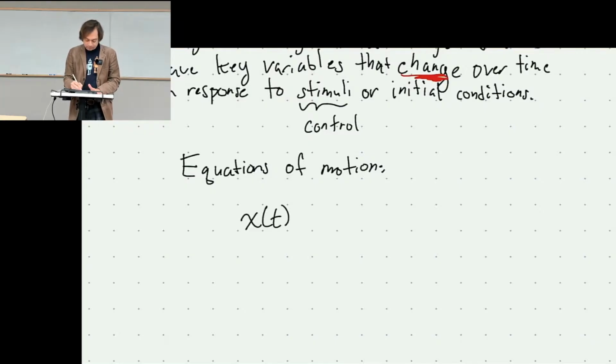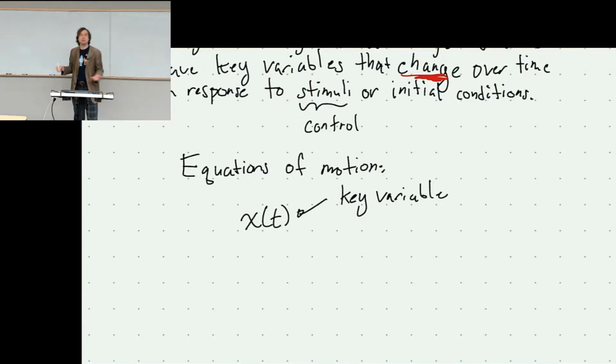This is some key variable, meaning it's a variable that actually matters to what I'm actually trying to study. You know, the color of a single particle on Jupiter does not change the state of this pen in any meaningful way. So that's what I mean by key variable, okay?